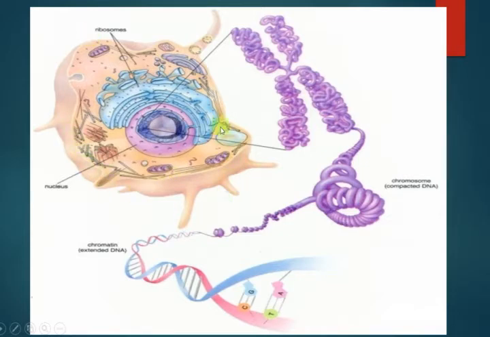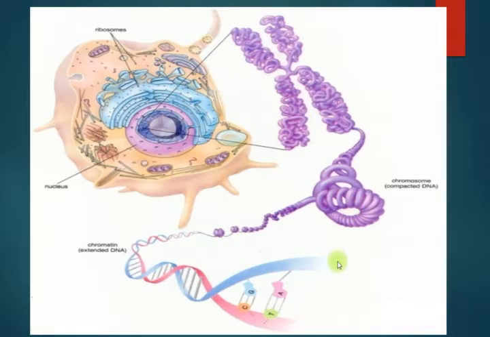Inside the cell there is a nucleus, and inside the nucleus there are chromosomes. In the nucleus of humans, we have 46 chromosomes. Each chromosome consists of a long DNA. This is DNA.